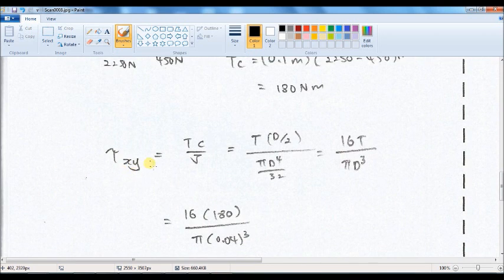The direction of the shear stress is in the xy plane, tau xy.